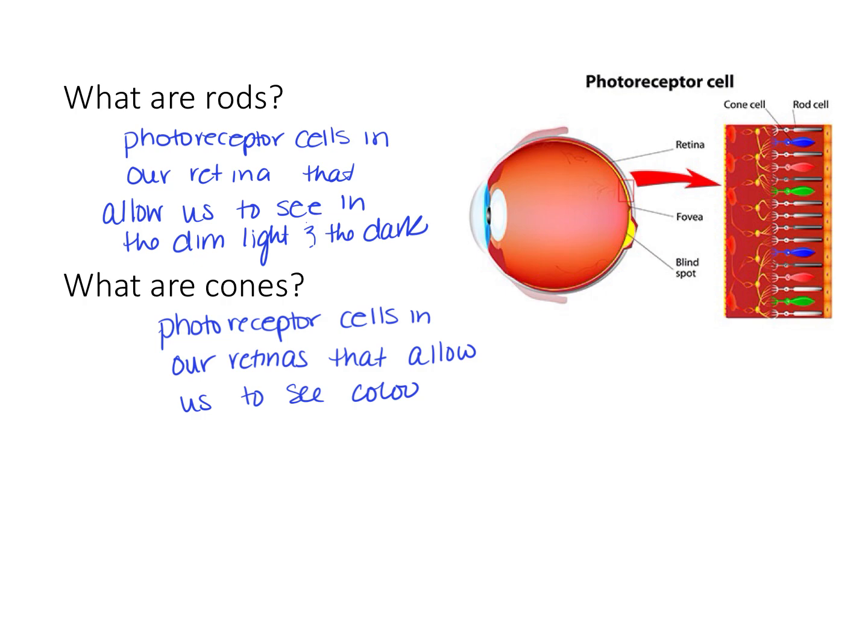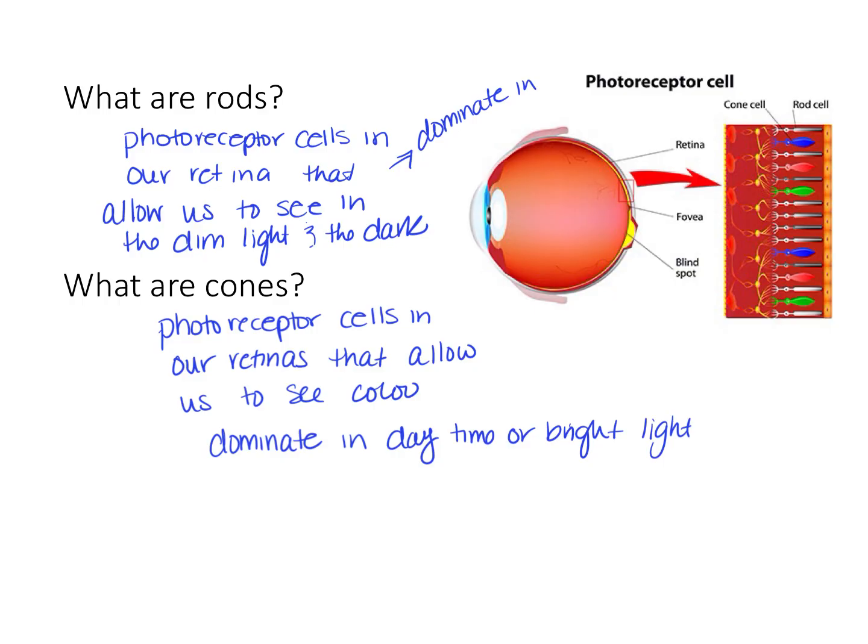Now, unlike rods, cones dominate in the daytime or bright light. Let's just make sure we have a note up here that rods are dominant in the dark or at night.